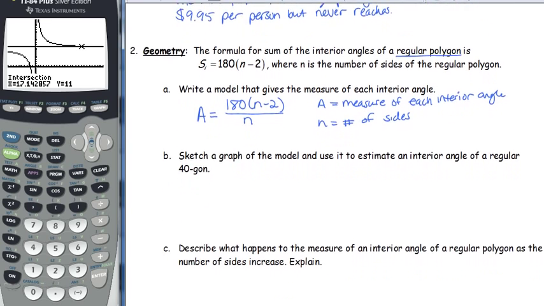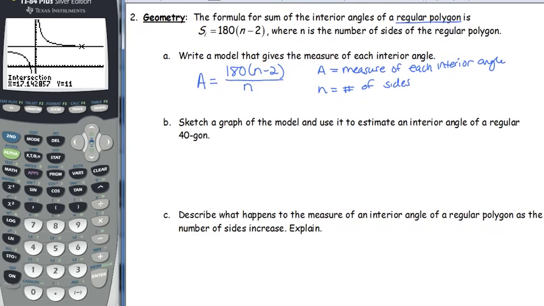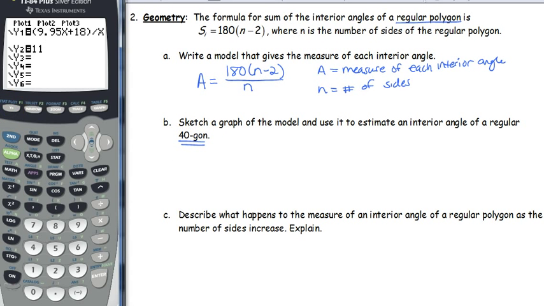We want to sketch a graph of the model and use it to estimate an interior angle of a regular 40-gon. So we know that in this case A would be y, n would be x. So we clear out what we had before, making sure again that our numerator is in parentheses.